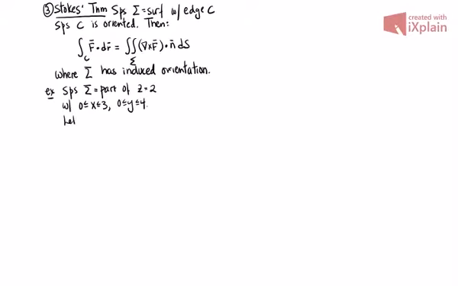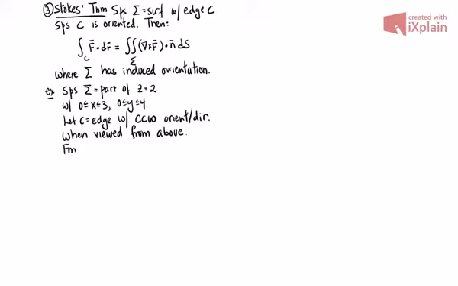And let C be the edge. What I'm going to do is give C an orientation. I'll say CCW, counterclockwise orientation. In other words, counterclockwise direction when viewed from above. This will make sense in a second when we draw a picture.